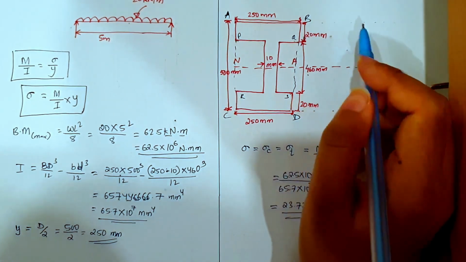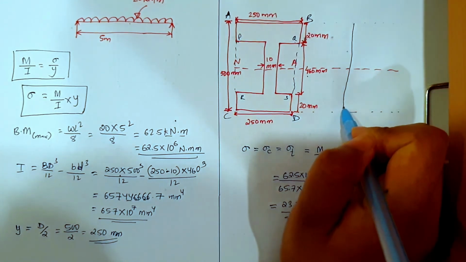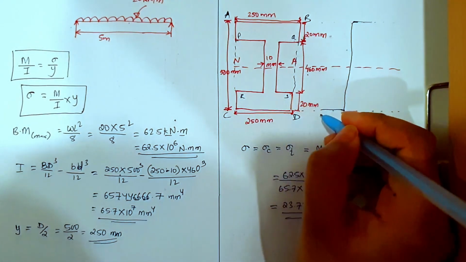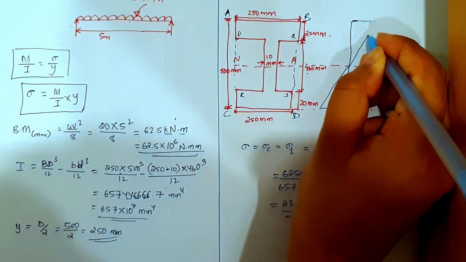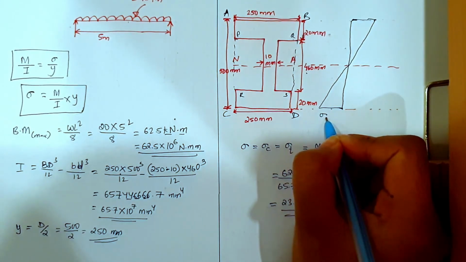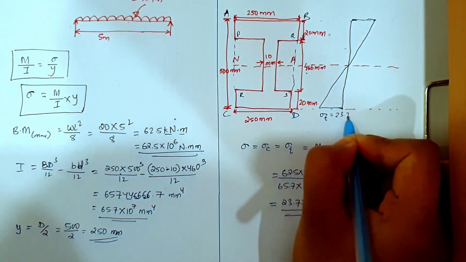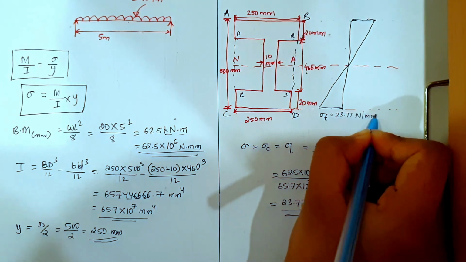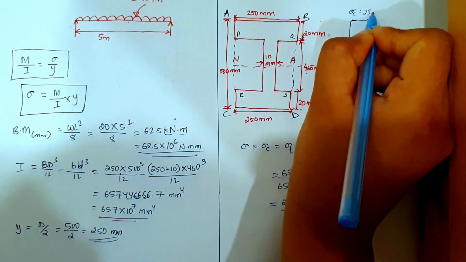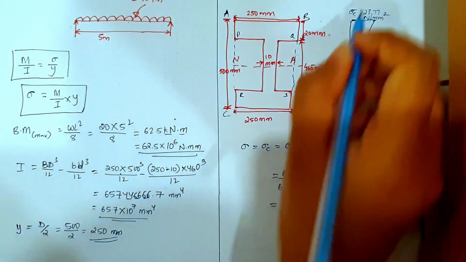So now from here let's draw the bending stress distribution diagram. Okay, this here is the stress in tension, so this is equal to 23.77 Newton per mm square. Similarly here the stress in compression is 23.77 Newton per mm square.